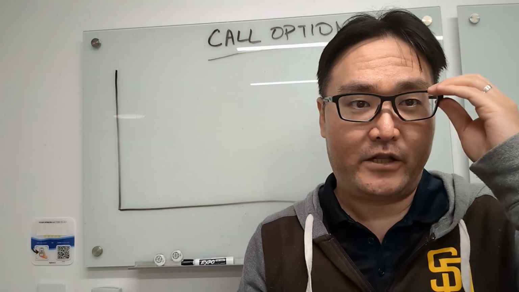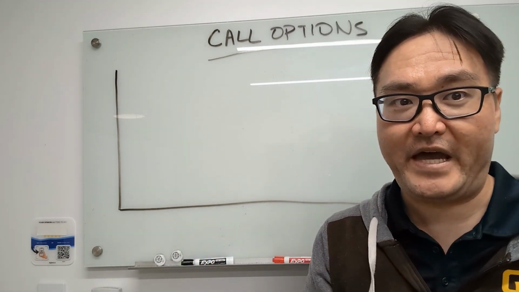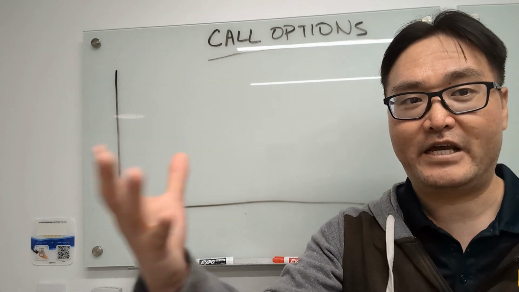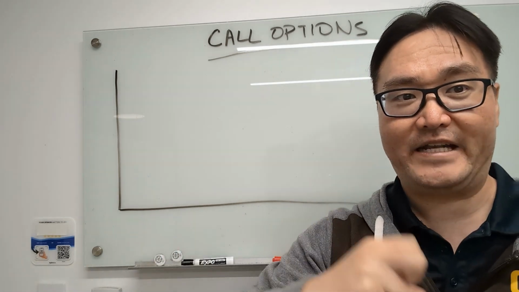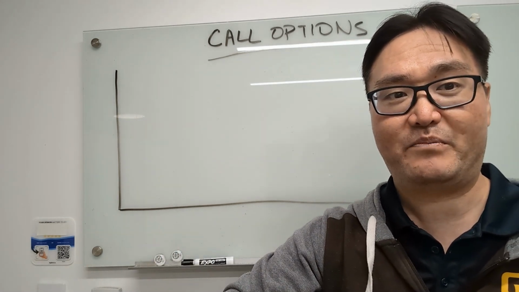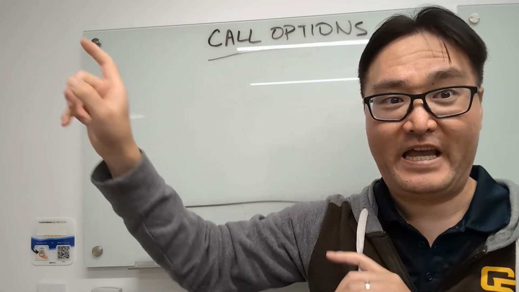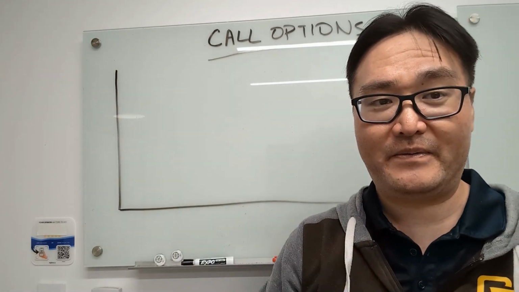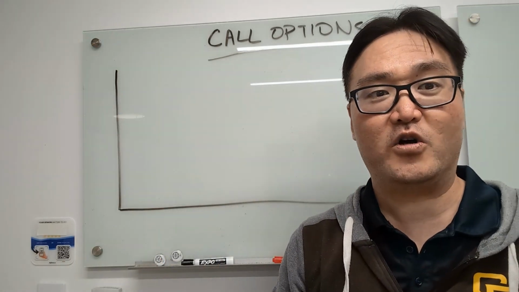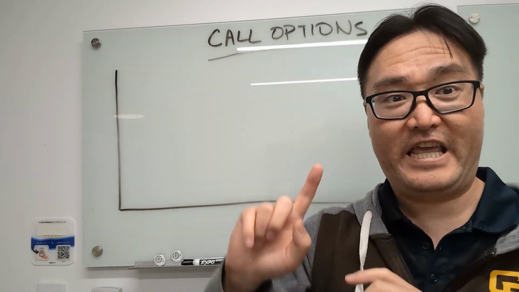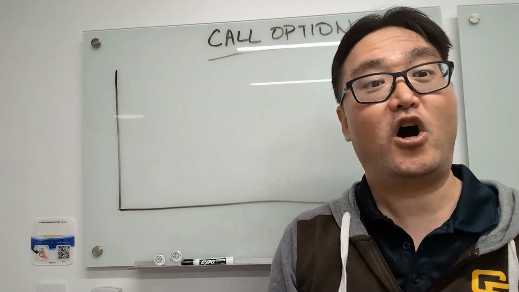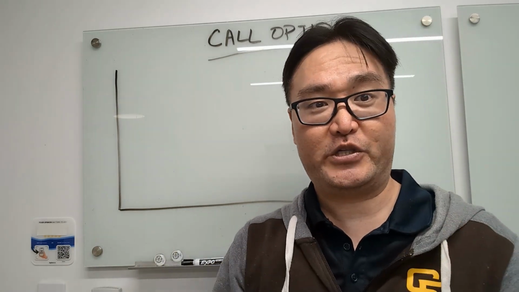The other person, the seller, is taking the opposite side of the bet and is receiving income from receiving that premium, hoping that the stock does not go up. And if the stock does not go up, the call seller wins. But if the stock does go up, the call seller obviously loses.